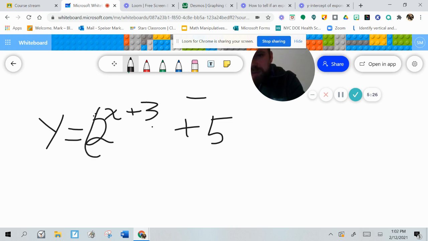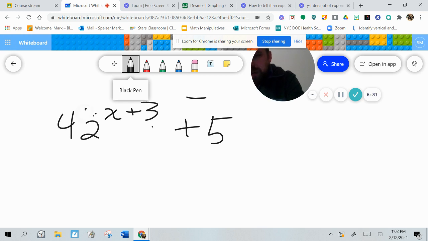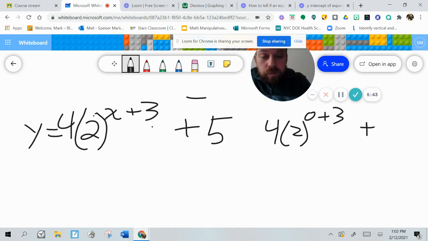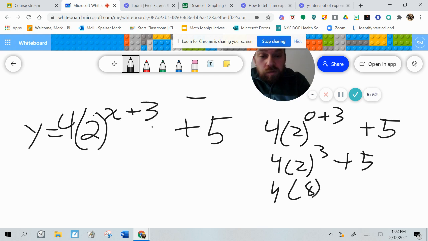And we'll add 4 in front. In this case, for the y-intercept, I'd recommend literally plugging in 0. There's no faster way of doing this. So 0 plus 3 is 3. 2 to the third power is 8. 4 times 8 is 32. 32 plus 5 is 37.